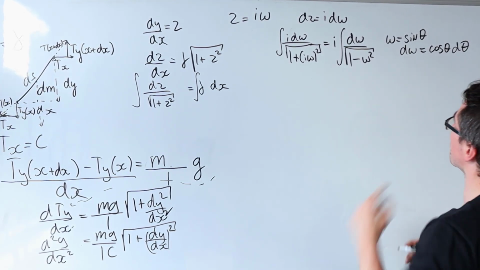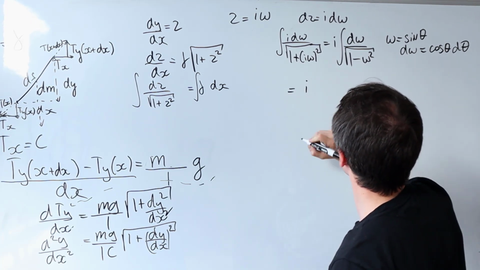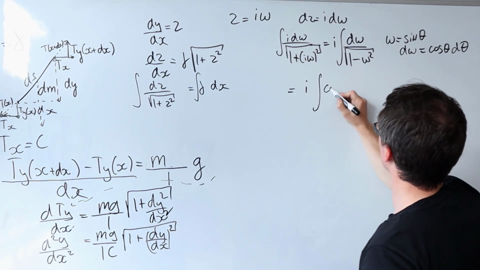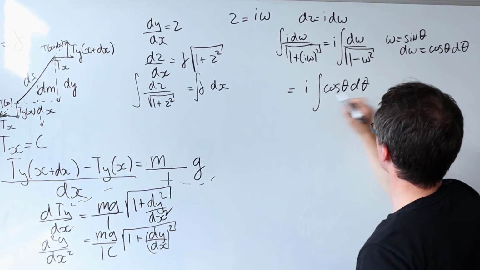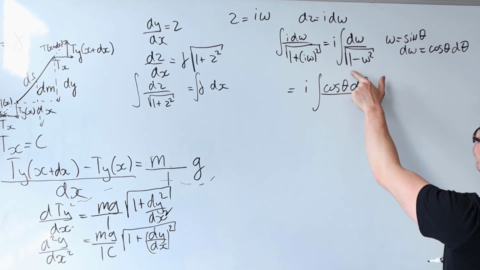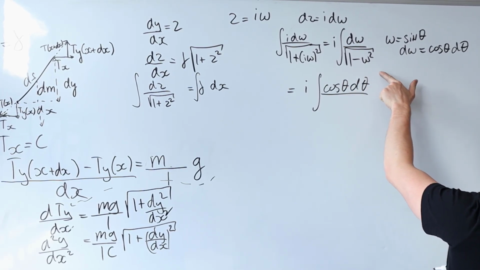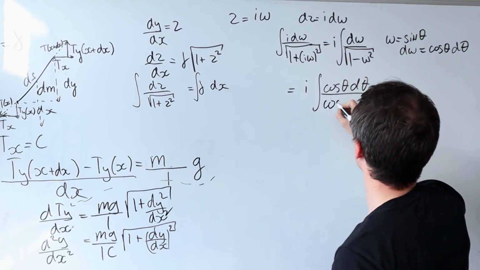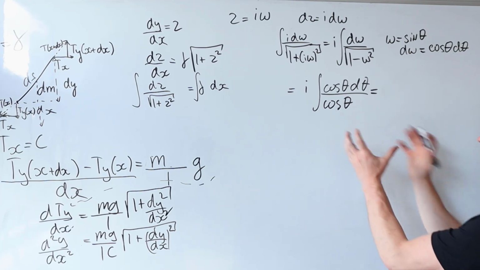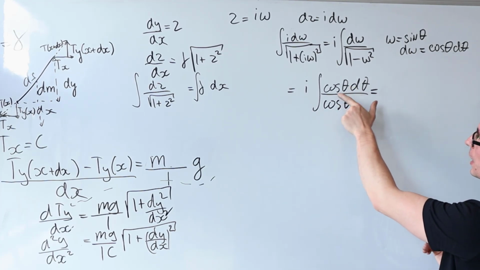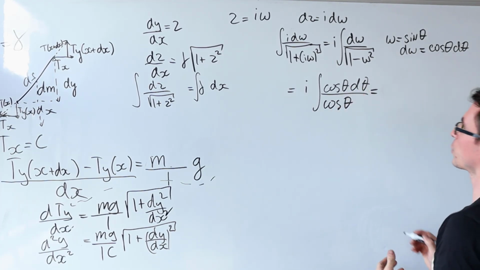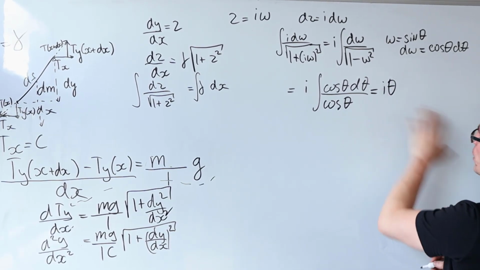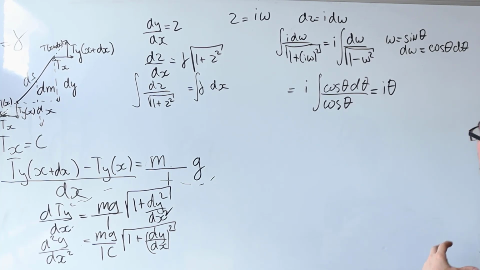So this turns the integral into i times the integral of cos theta d theta, divided by the square root of 1 minus w squared, i.e. the square root of 1 minus sine squared, which is just cos theta. So this integral is just the integral of 1 with respect to theta, which is just i theta plus some constant of integration I'm going to add in a minute.